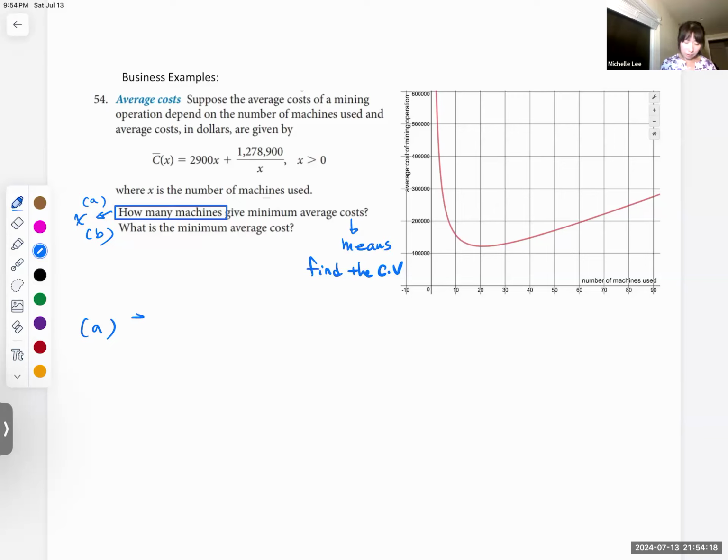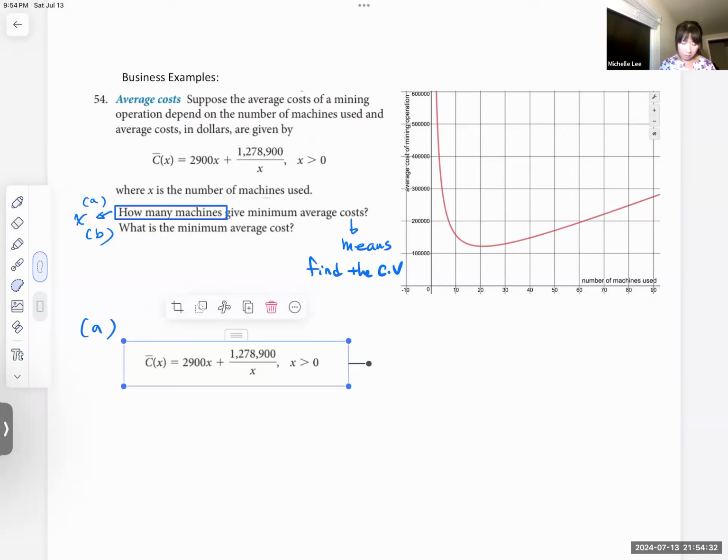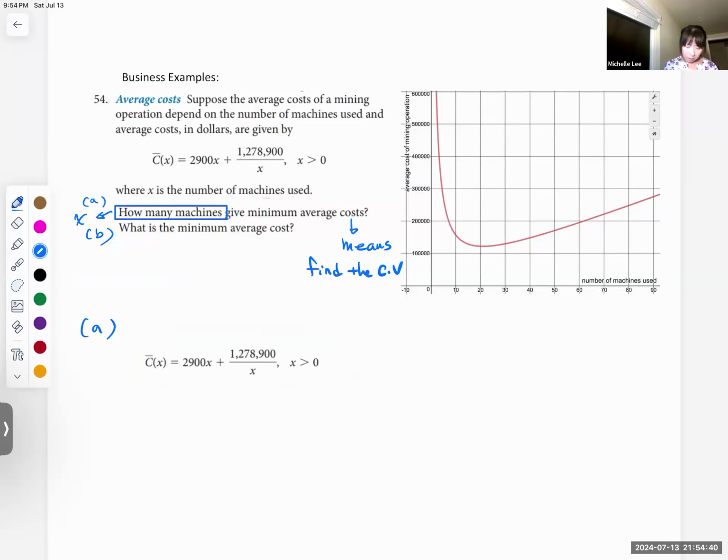So the average cost, and then we want a derivative, C prime of X. Okay, first term, we keep the coefficient. That's it.